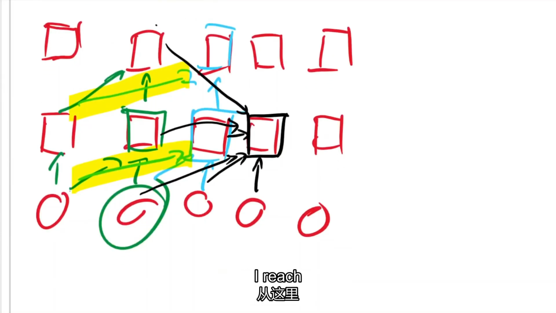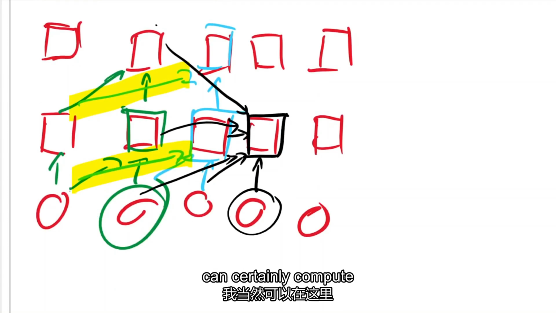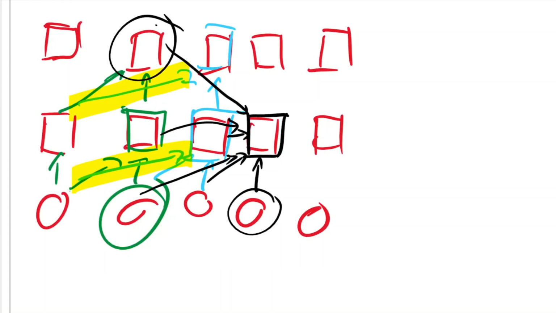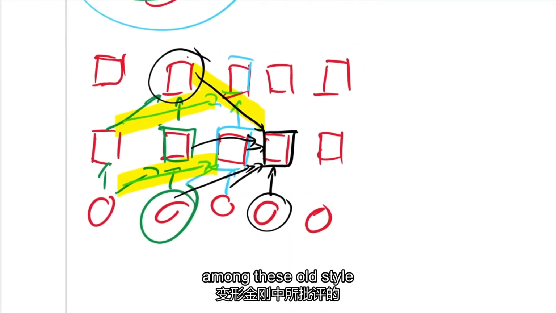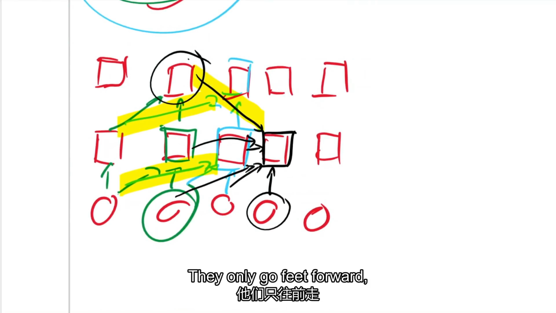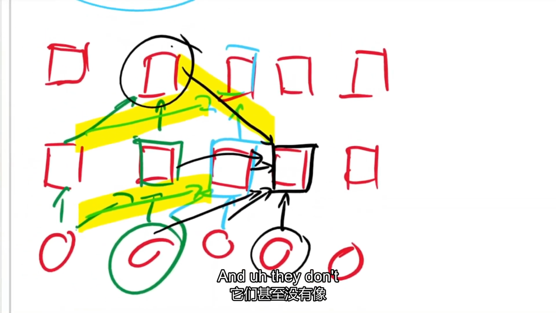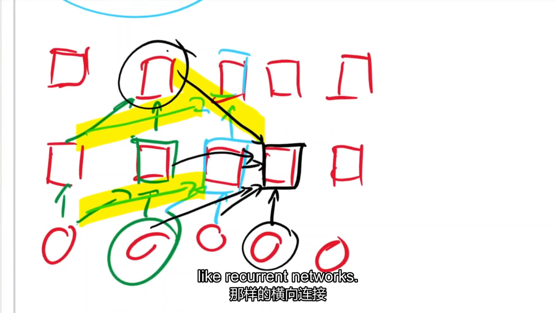Because by the time I reach the prediction of the next node from here, I can certainly compute this representation up here. Nothing stops me from building in a connection like this one. And that's exactly what these memory transformers criticize among these old-style transformers. They only go feed forward, meaning they only go up the layers. And they don't even have lateral connections like recurrent networks. They only have forward connections in the layers, and that limits the number of steps you can do in computation.